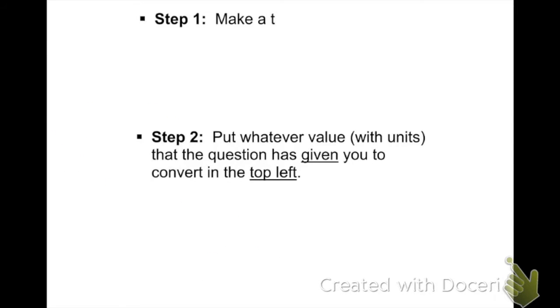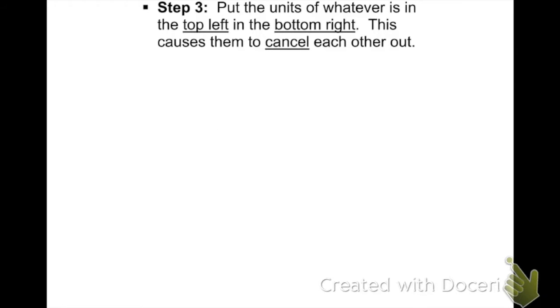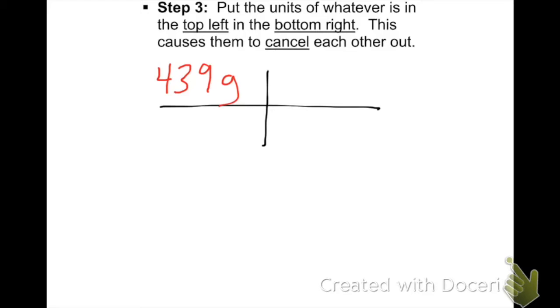Next step, what we're going to do is we're going to continue on with our T-chart. So we've got our 439 grams up here. And if you think of this like a fraction, grams are in the numerator.